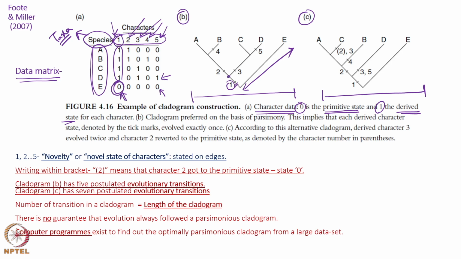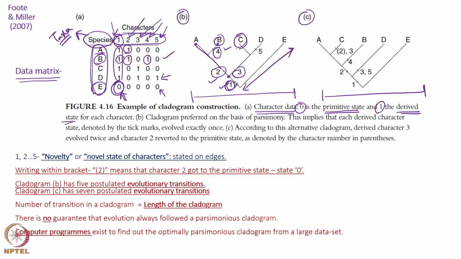Then from this common ancestor, from this point we can think that character 2 got added and is shown for species A here, whereas in species B, characters 1, 2 and 4 are all present.